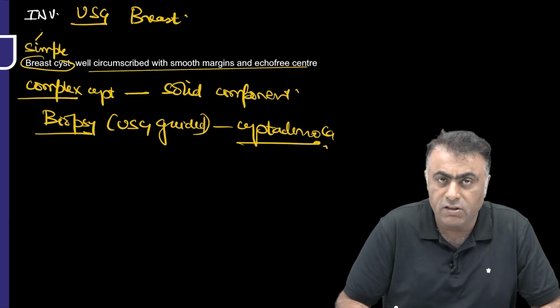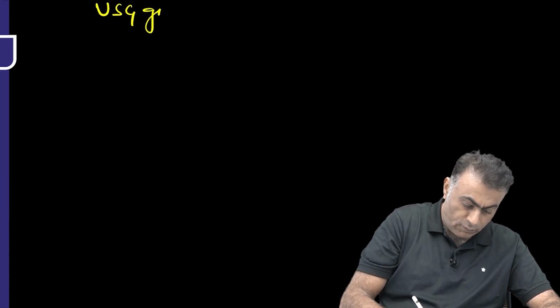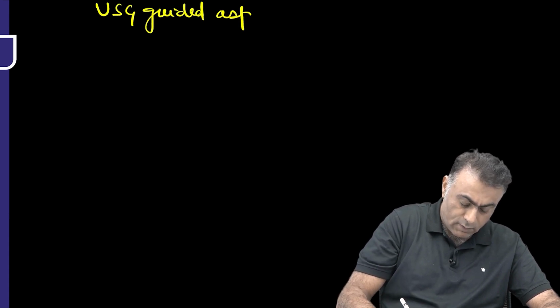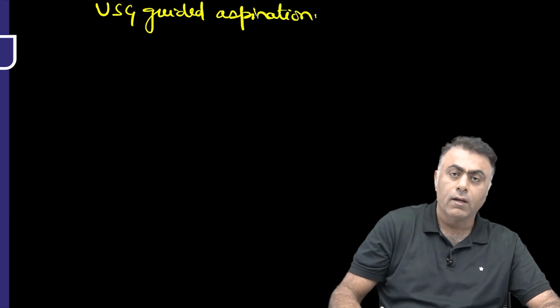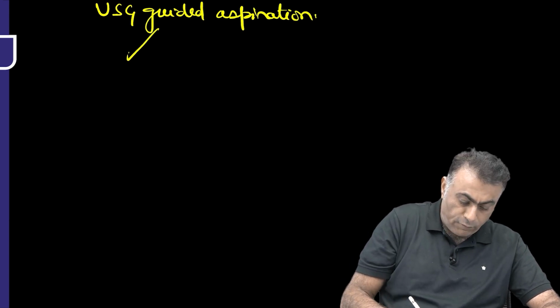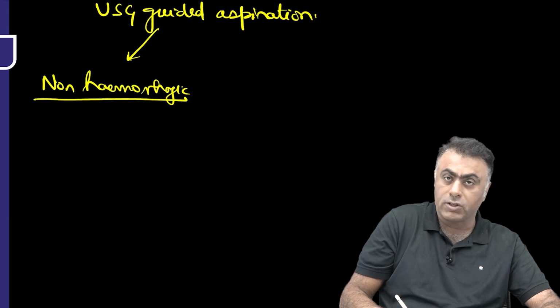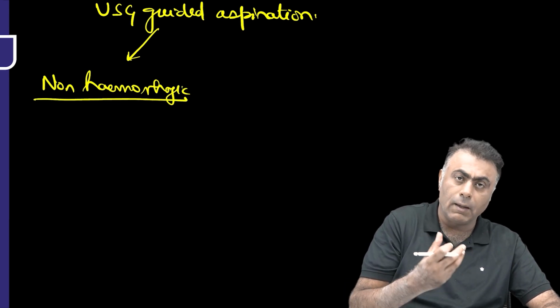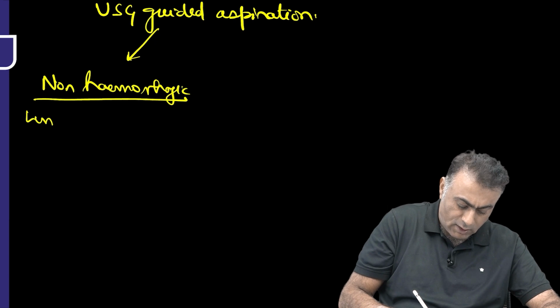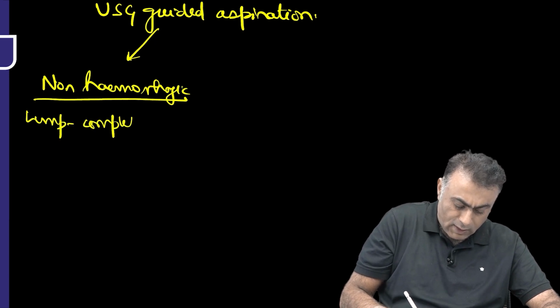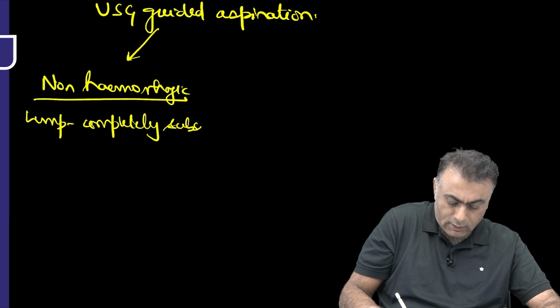Now, how do we manage a patient of breast cyst? For a breast cyst which is symptomatic or is a complex cyst, we should always go for ultrasound guided aspiration. On aspiration, if the fluid is non-hemorrhagic, that is serous, and after aspiration the lump completely subsides, then we don't need to do anything further.